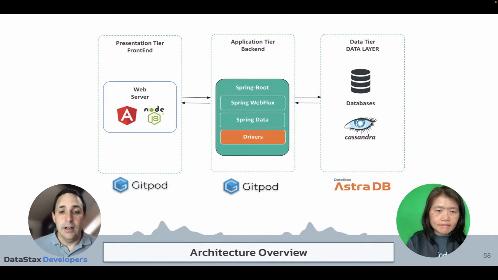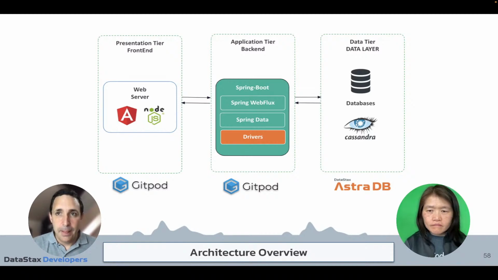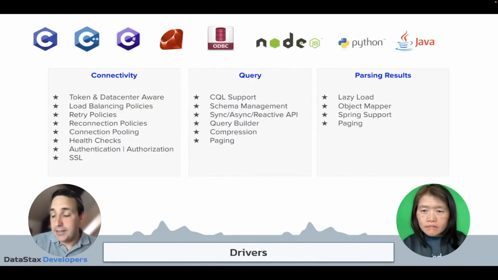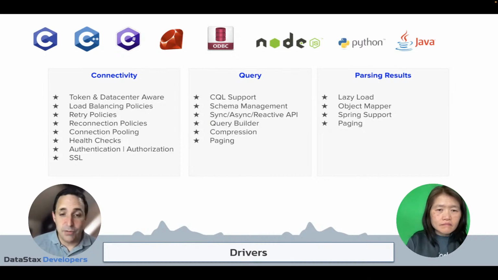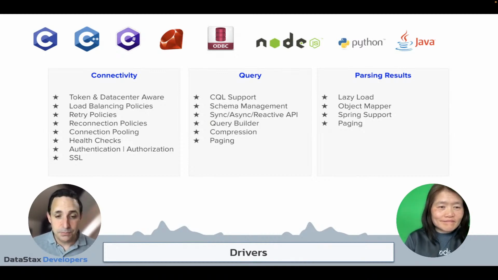Here there is no difference: you will use the Cassandra driver. DataStax is famous for having created those Cassandra drivers that allow connectivity, queries, and parsing the result for everything we do with Cassandra.